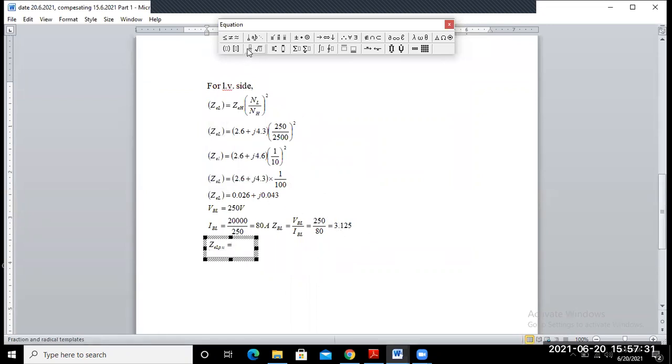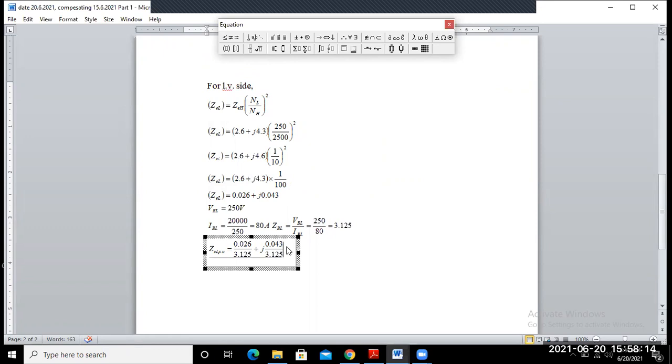That means 0.026 divided by 3.125 plus j 0.043 divided by 3.125.